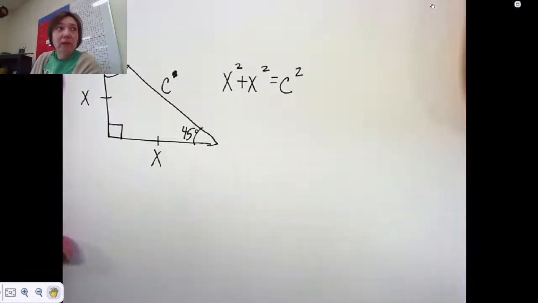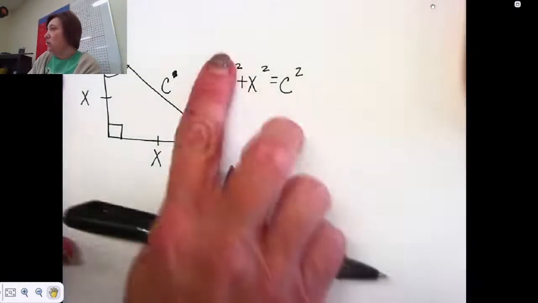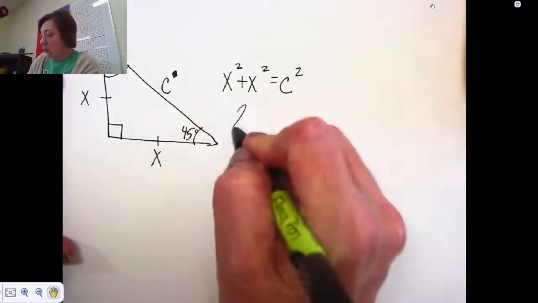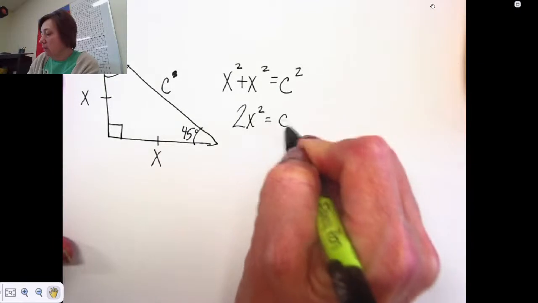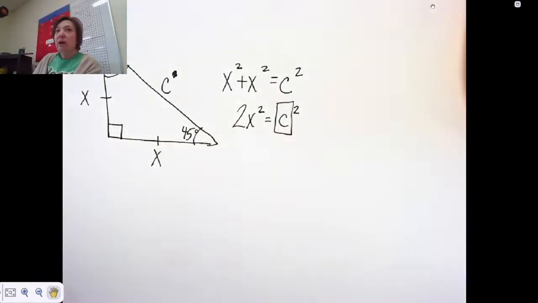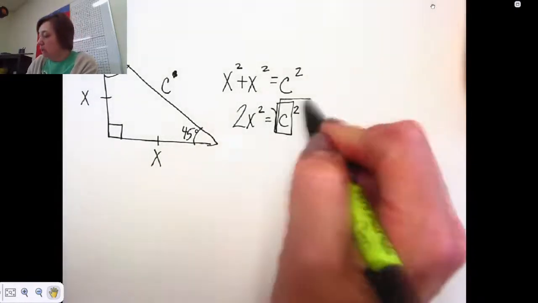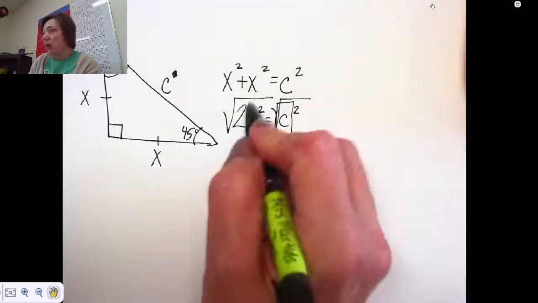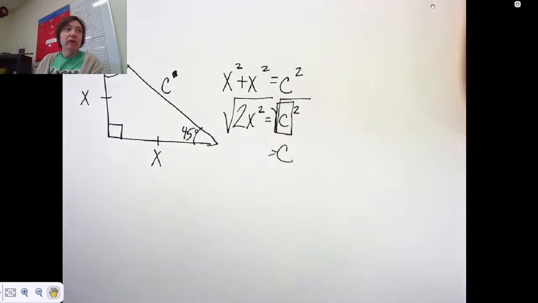If we plug this into the Pythagorean theorem, we have x squared plus x squared equals c squared. If you're adding x squared and x squared, that gets you 2x squared. To get c by itself, we square root both sides. We can't square root 2 because it's not a perfect square, but we can square root x squared, which is x.